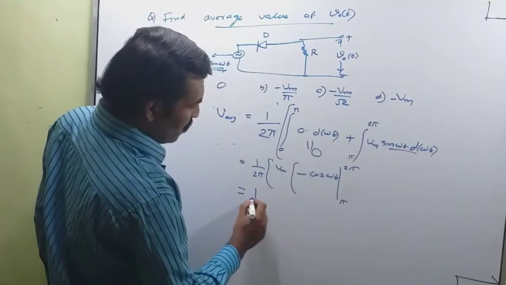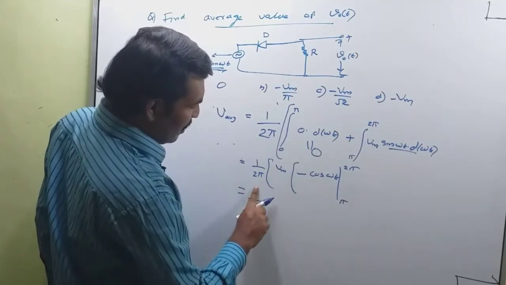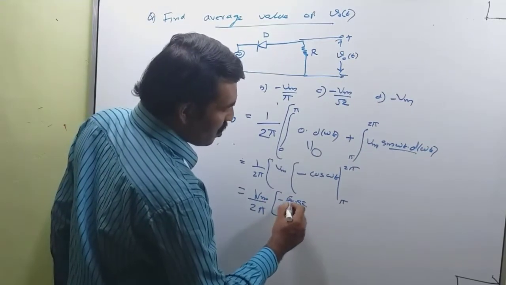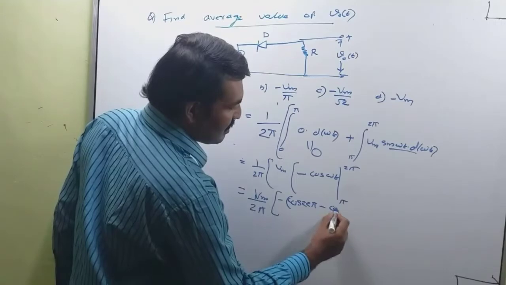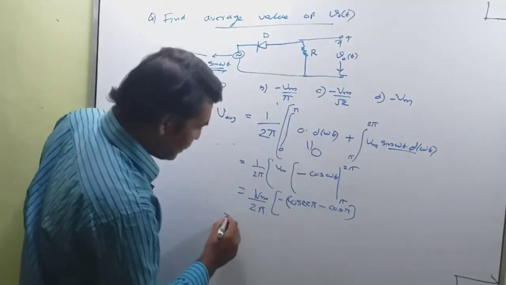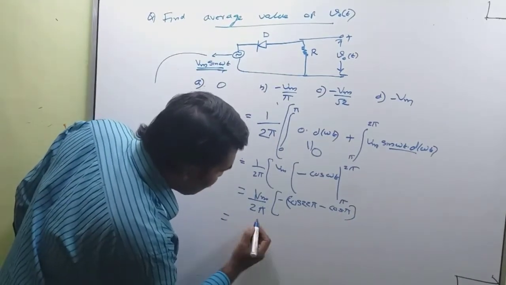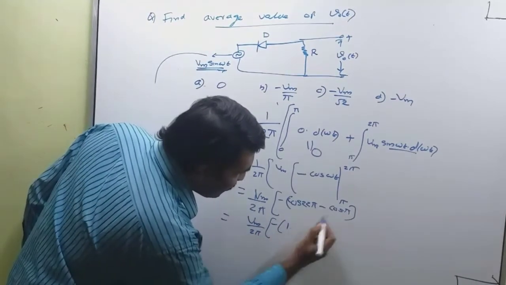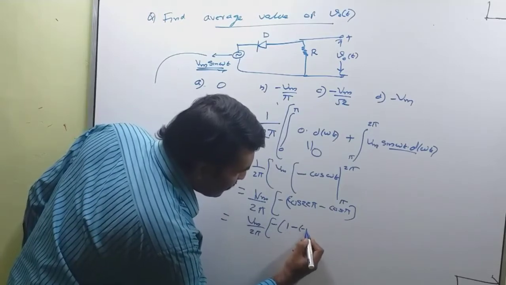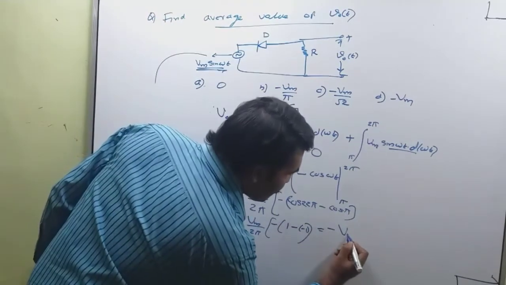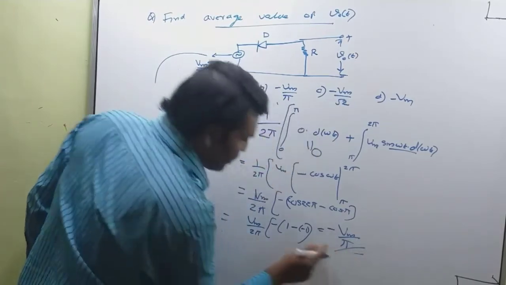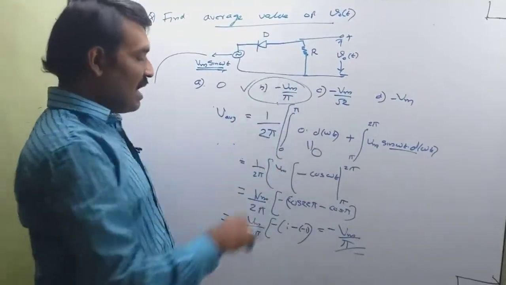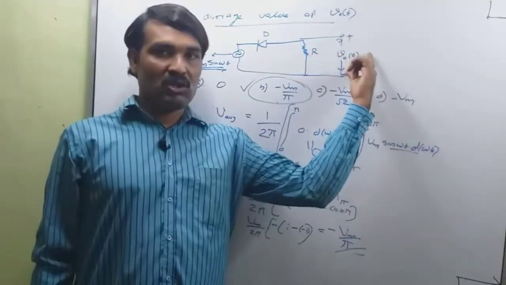So this is equal to Vm by 2 pi into minus of cos 2 pi minus cos pi, that is Vm by 2 pi into minus of 1 minus minus 1, that is equal to minus Vm by pi. The 2 and 2 get cancelled, so Vm by pi. So the answer is B. This is the average value of voltage across this resistance.